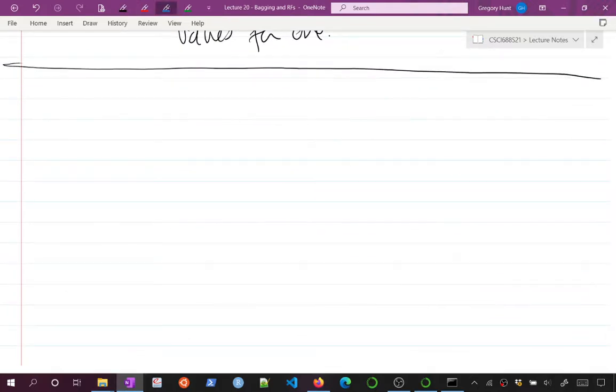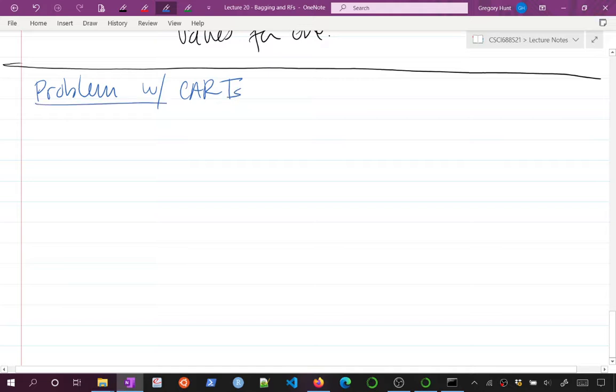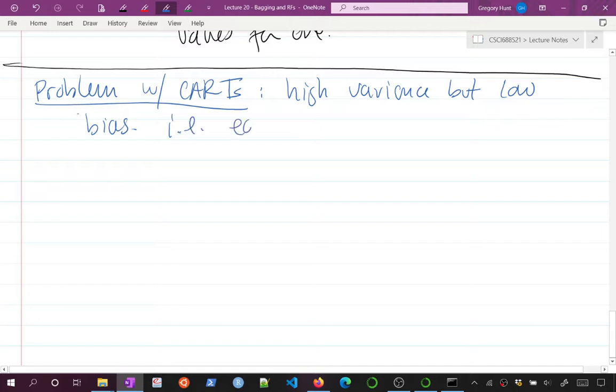What I want to say now is that a problem with classification and regression trees is that they tend to have really high variance but low bias, i.e., it's easy to overfit.